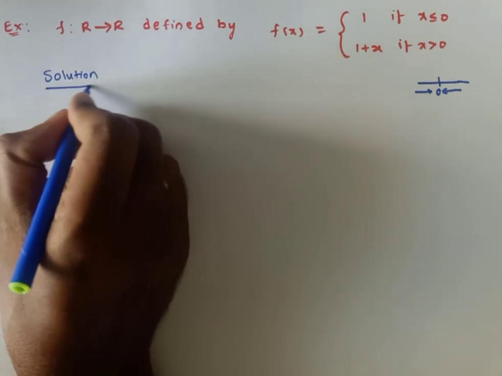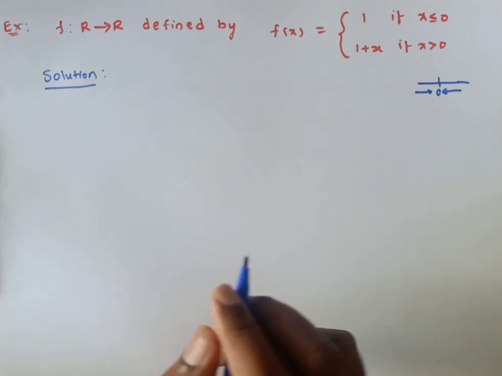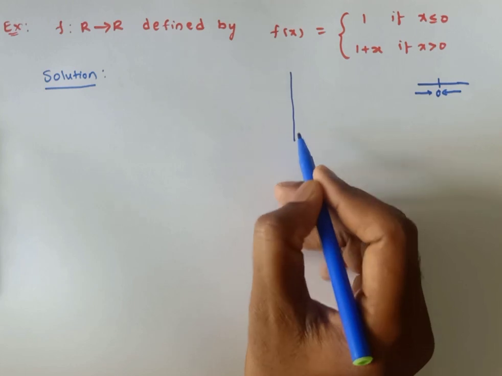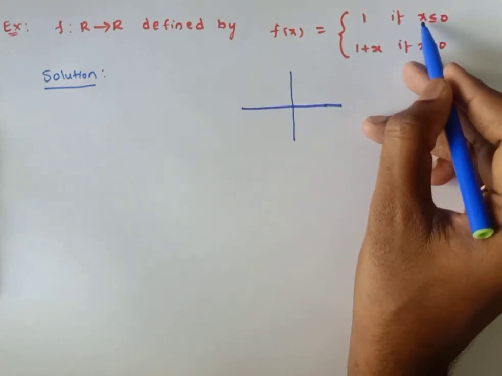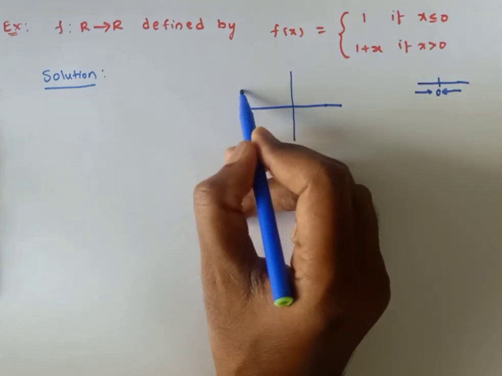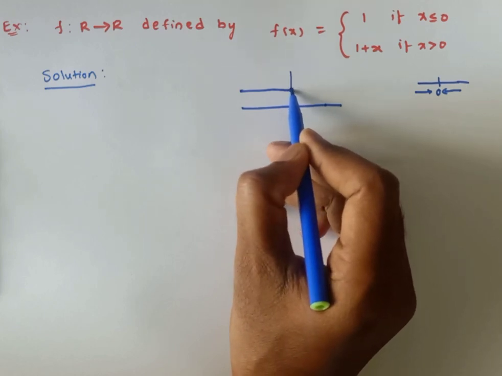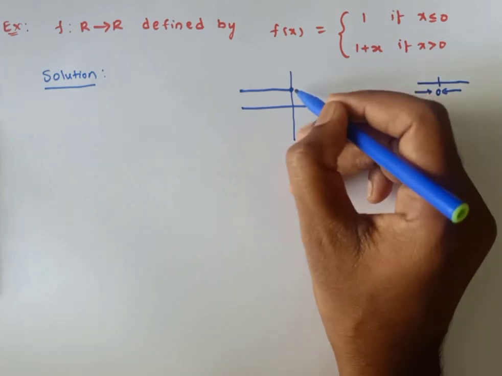See the solution for this. So how to find the limit for this at x equals 0. Let us check whether the limit exists at x equals 0. Now we know the graph of this. So let us consider the graph for this function. Here x is 0 or any negative real number, this is 1 only. So this is a fixed straight line at 1 only. Now as x is greater than 0, this is also a slant line.